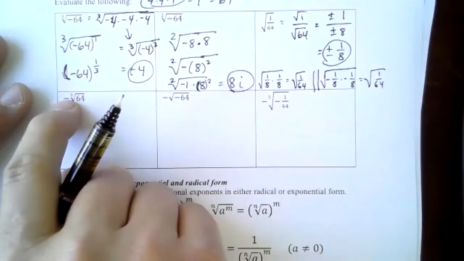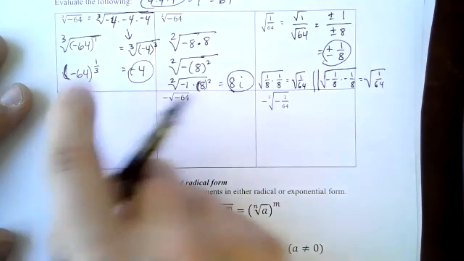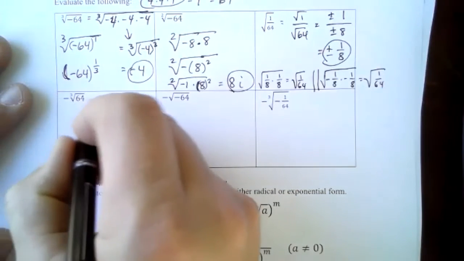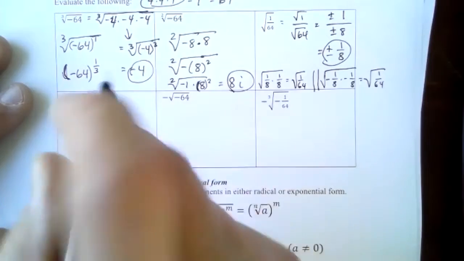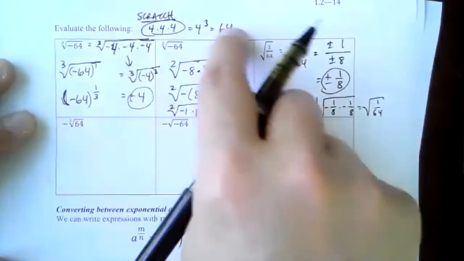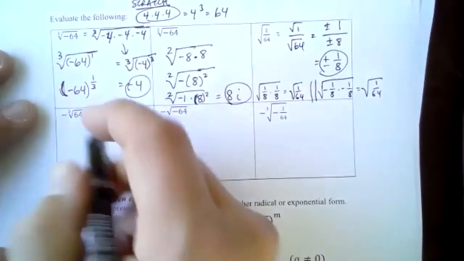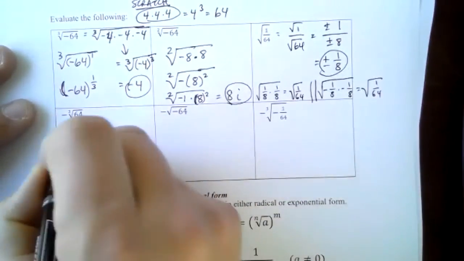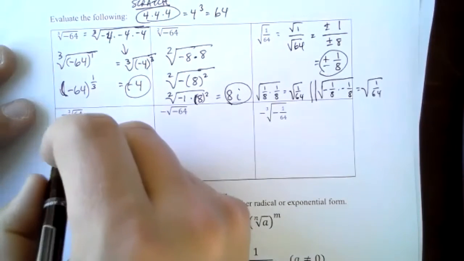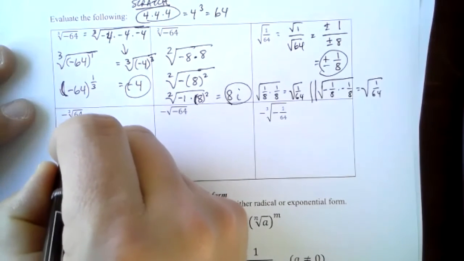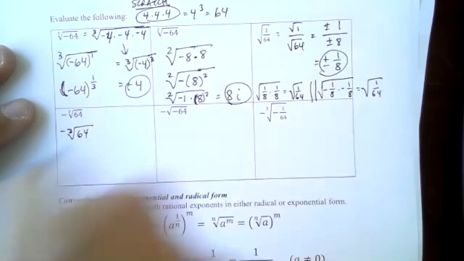All right, so negative cube root of 64, same situation. You know the answer is going to have a 4 in it somewhere because 4 times 4 times 4 is 64. We proved that up here. So we're going to put this negative out in front. That's not going to change. And then we're going to put the cube root of 64.